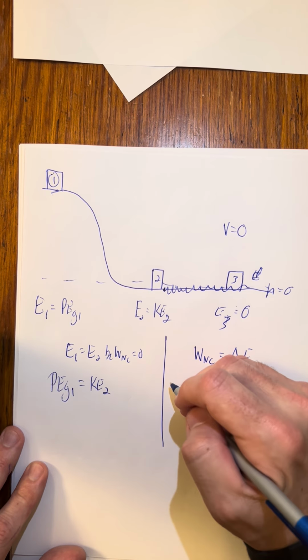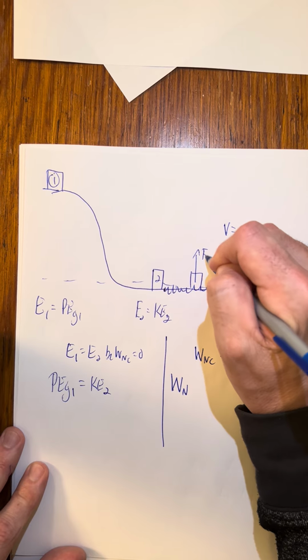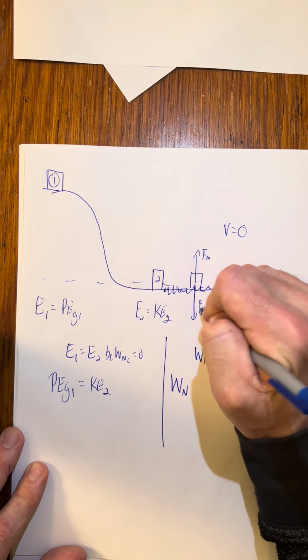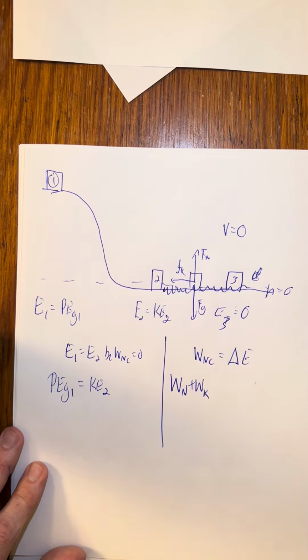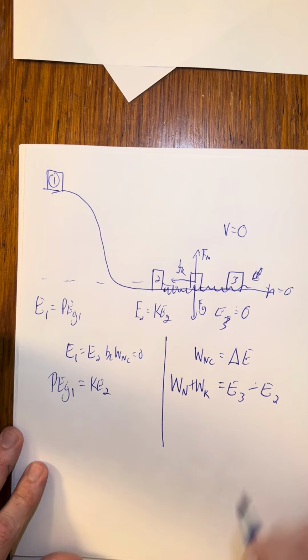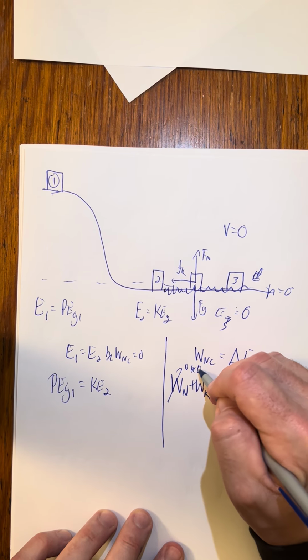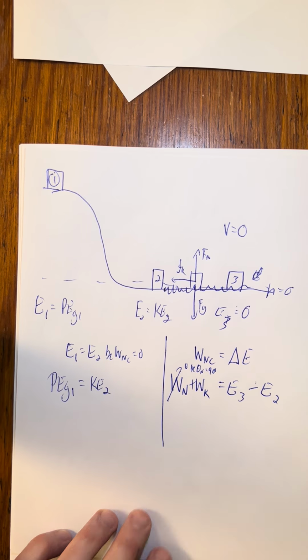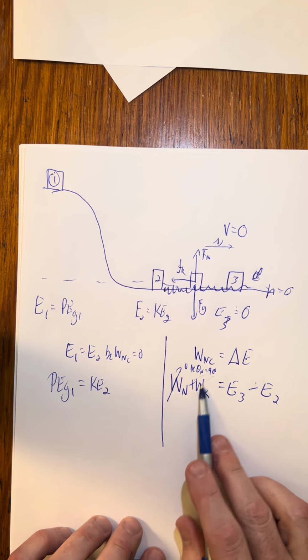Here, there are 2 non-conservative forces acting: the normal force while I'm here, and there's our frictional force. And this is equal to the energy at 3 minus the energy at 2. Now I know the work done by the normal force is 0, because the angle between the normal force and the instantaneous displacement, which is like this, is equal to 90 degrees.